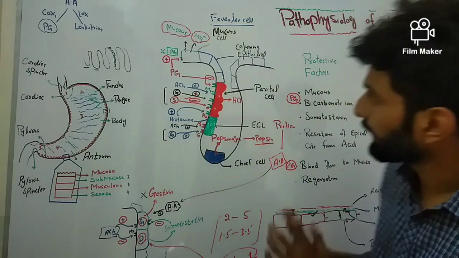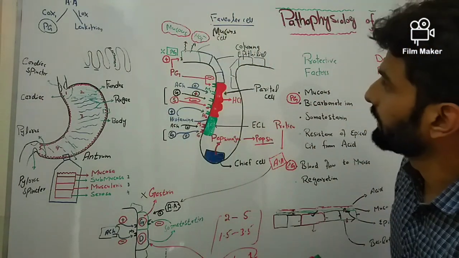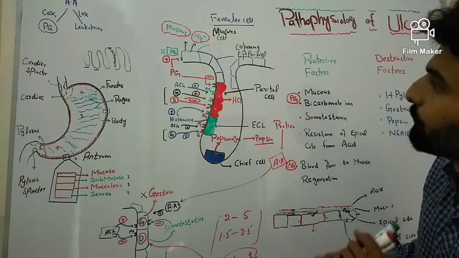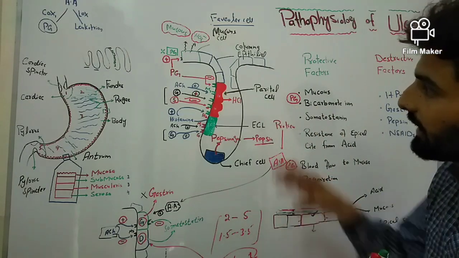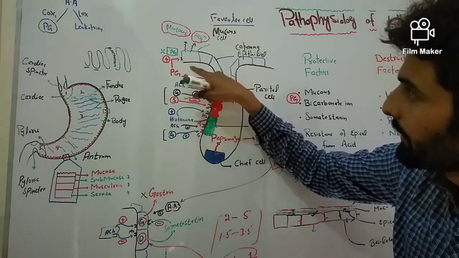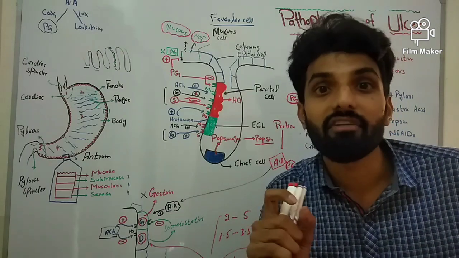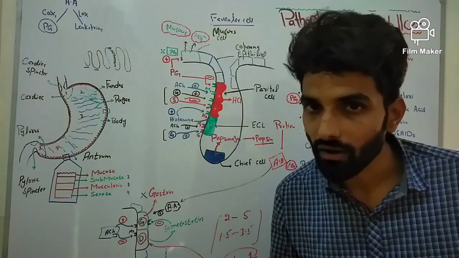Here you can see I have drawn one gastric pit enlarged, so that we can talk about the different types of cells present in the gastric pits. At the top, the most important cells, mucous cells or foveolar cells, are present.